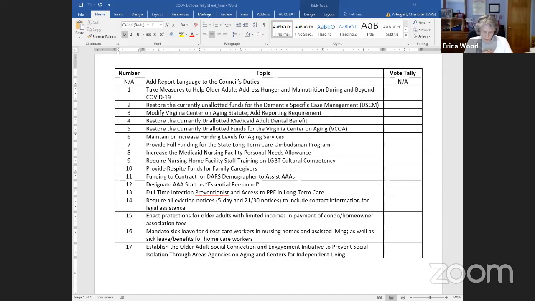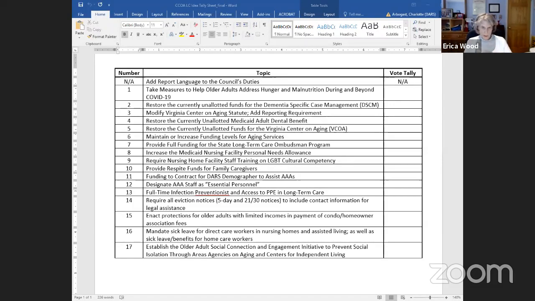We have 2 items that were carried over from the 2019 Legislative Committee consideration. We have 3 items from the Virginia Association of Area Agencies on Aging. And we have 6 items that I submitted for your consideration from the Northern Virginia Aging Network. So that is the universe of items that we're going to consider today.